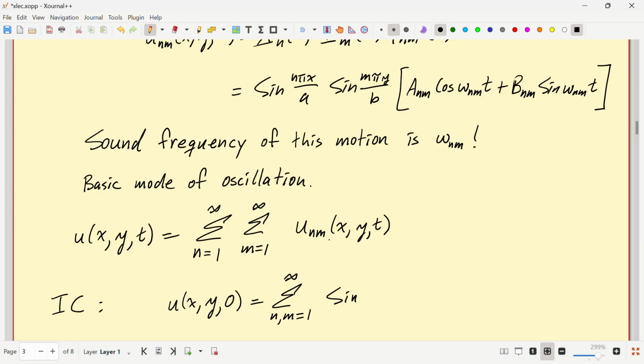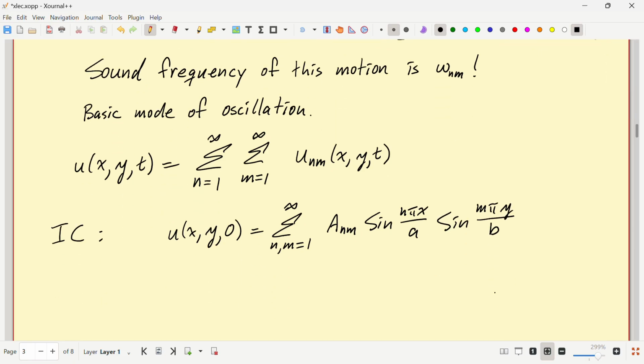And so you get what looks like a Fourier series: a nm sine n pi x over a times sine m pi y over b.